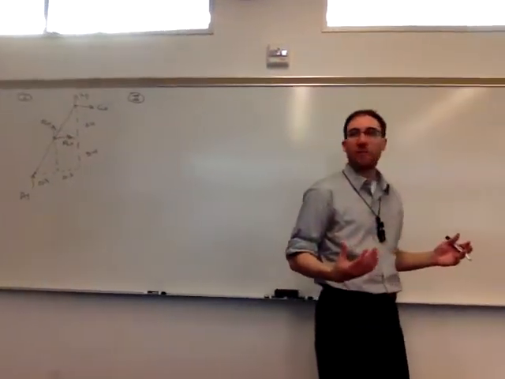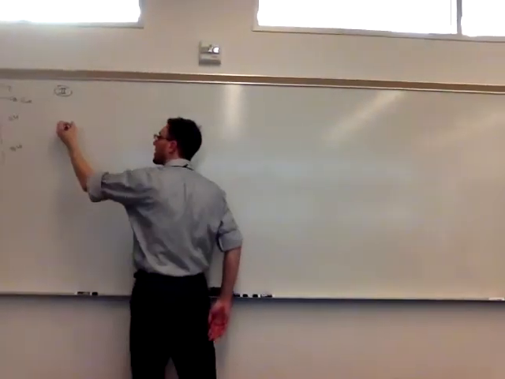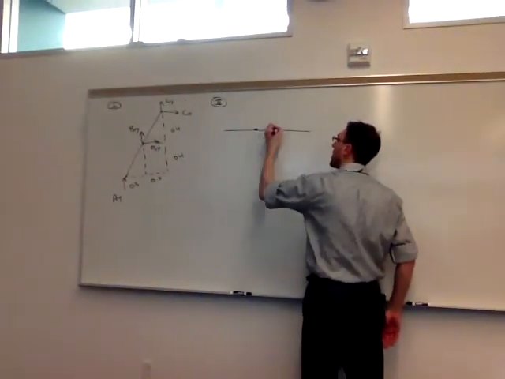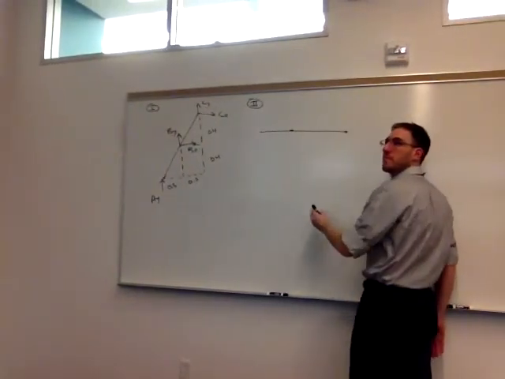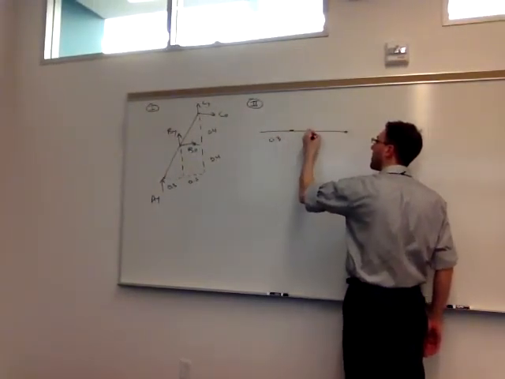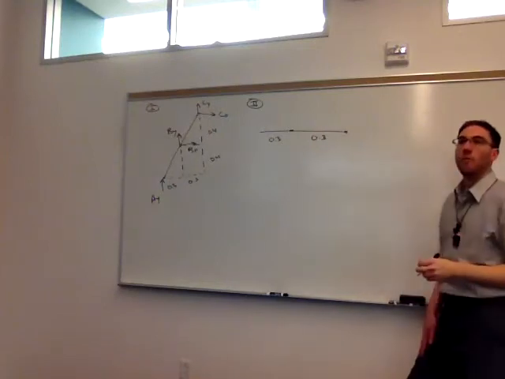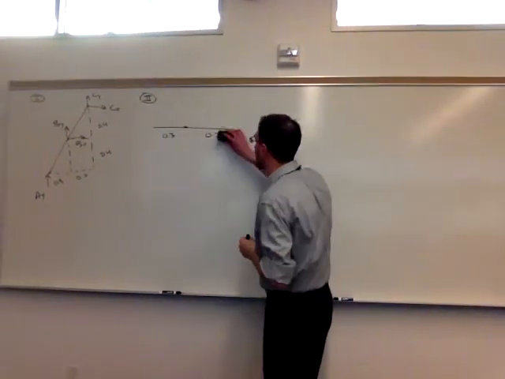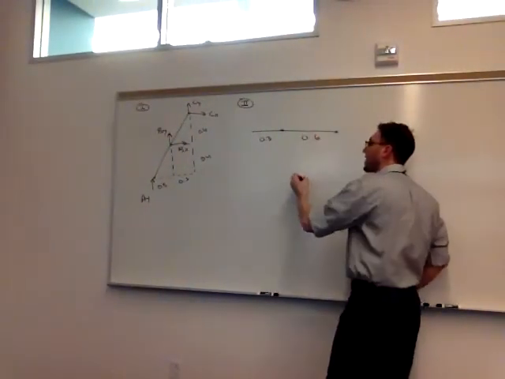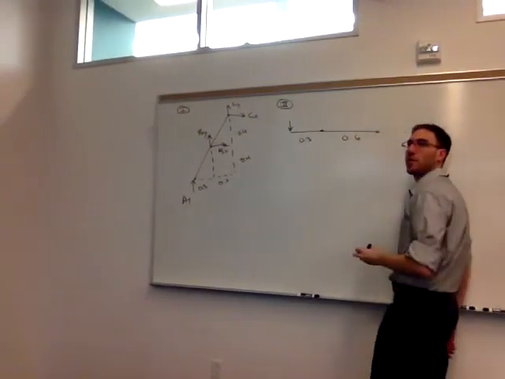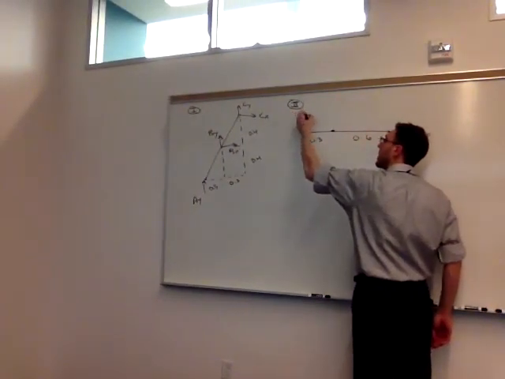So again, just going alphabetically, I can look at BD next. So I have one external force at the extreme left of 600 newtons.